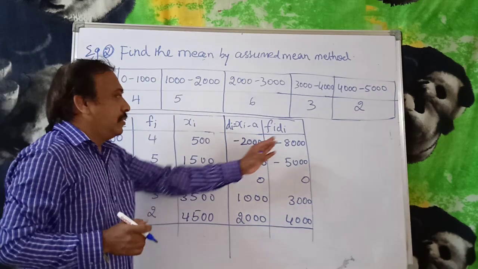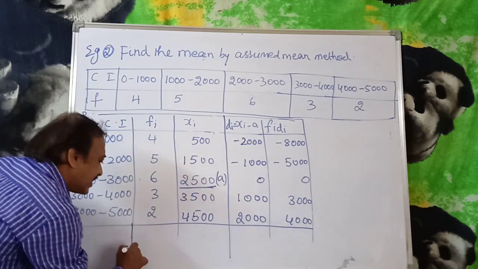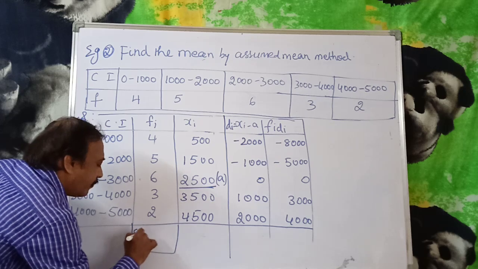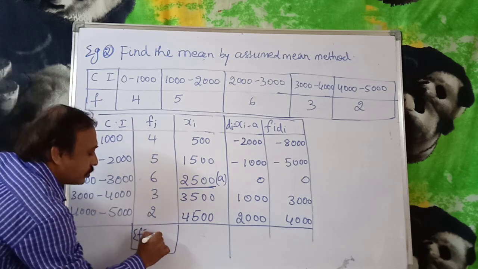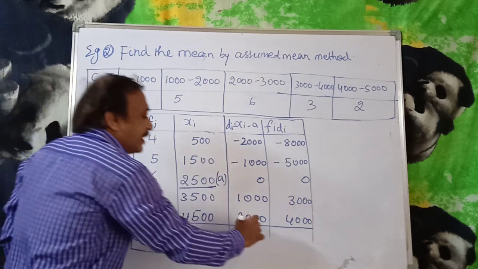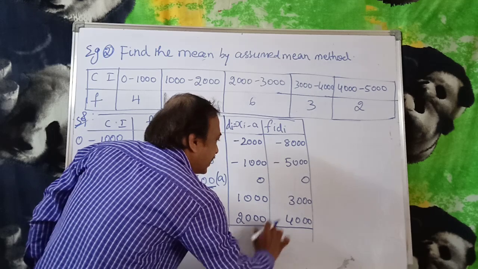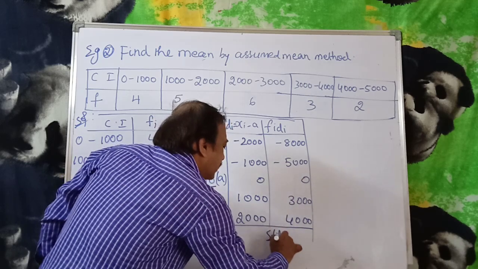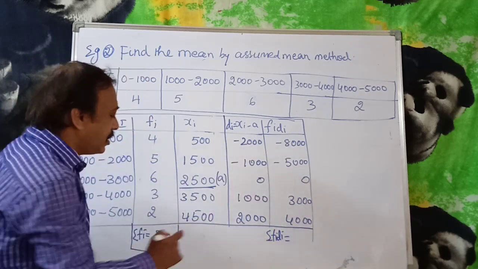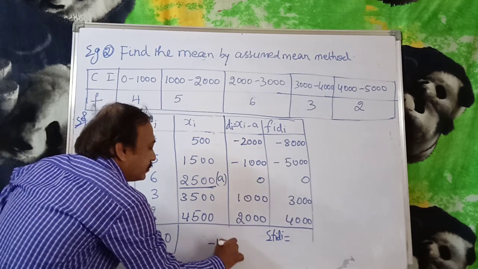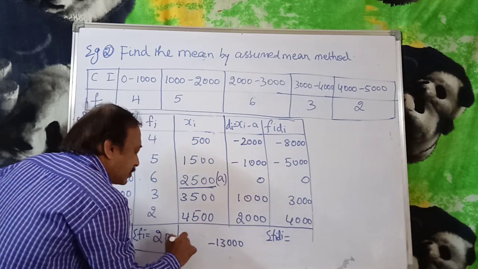Here, if you add these fi di values, and this is the total frequency, sigma fi. Sigma fi: 4 plus 6, that is 10, 5 plus 3, 8, 2. So the total is 20. If you add the fi di values, we call it sigma fi di, which is equal to minus 8000 minus 5000, which will give you minus 13,000, and plus 7,000.